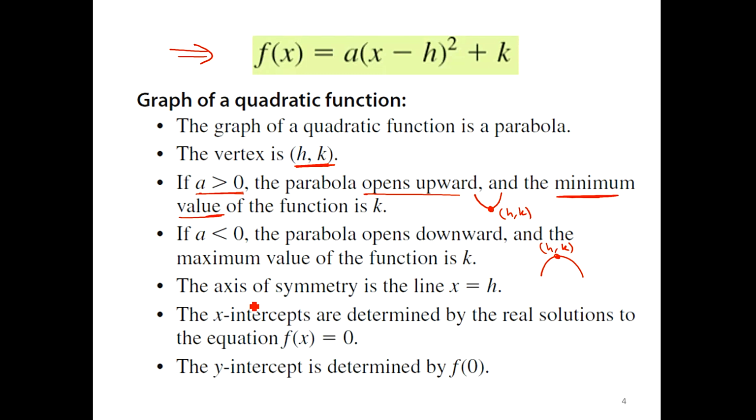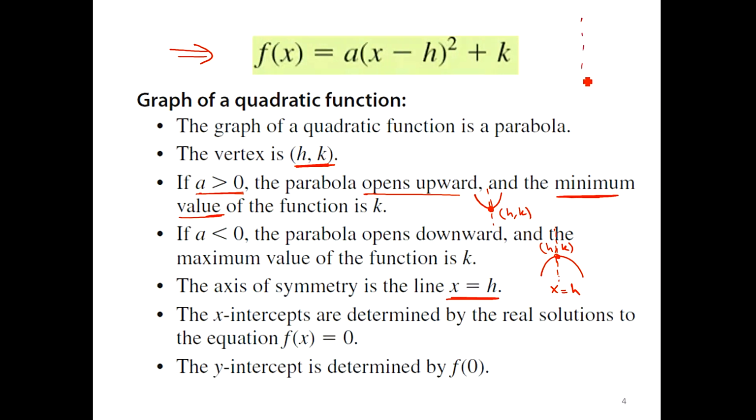Also, we have the axis of symmetry, x equals h. So this is the symmetry, x equals h. Always x equals h. Symmetry means the line, the graph on the left of the line is a mirror of the graph on the right of the line.